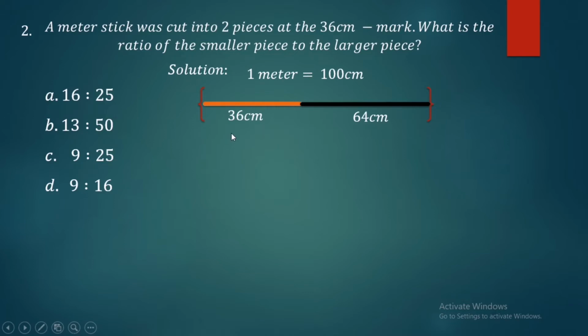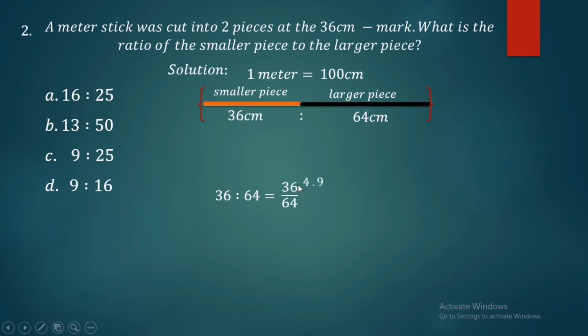Since we are asking for the ratio, we can use the colon or the symbol for the ratio. 36 centimeters is the smaller piece, and the larger piece is 64 centimeters. So it can be written as 36 is to 64, and we can also rewrite this as 36/64.